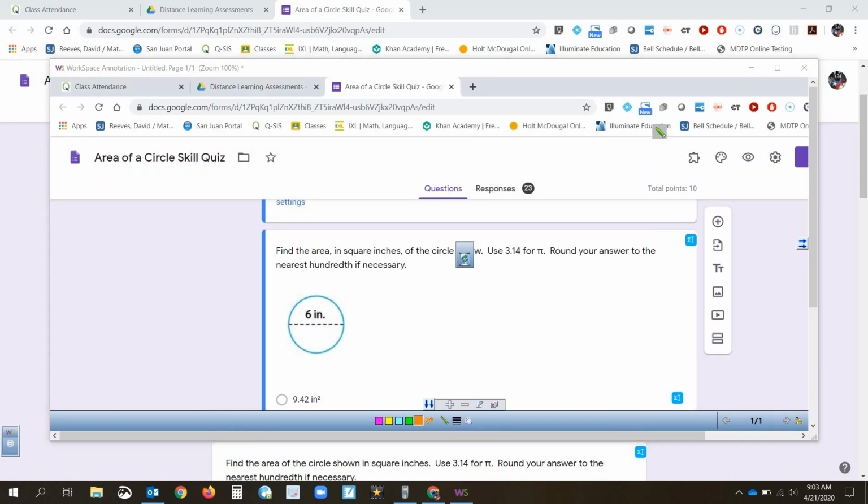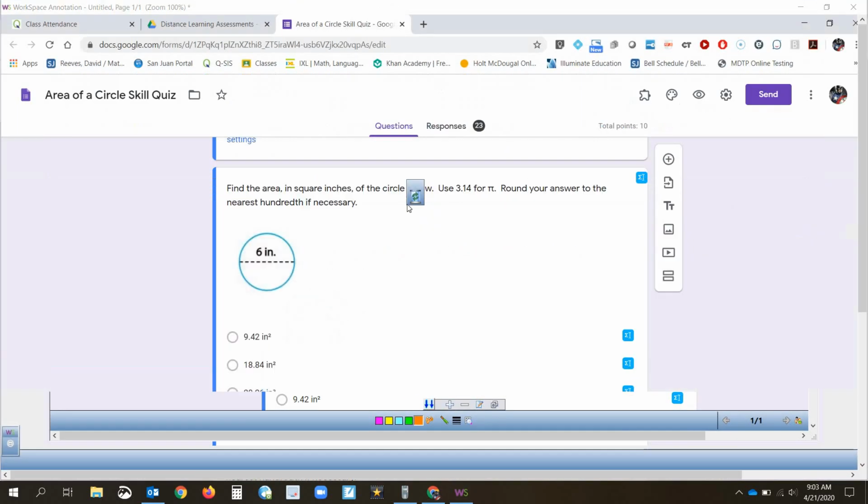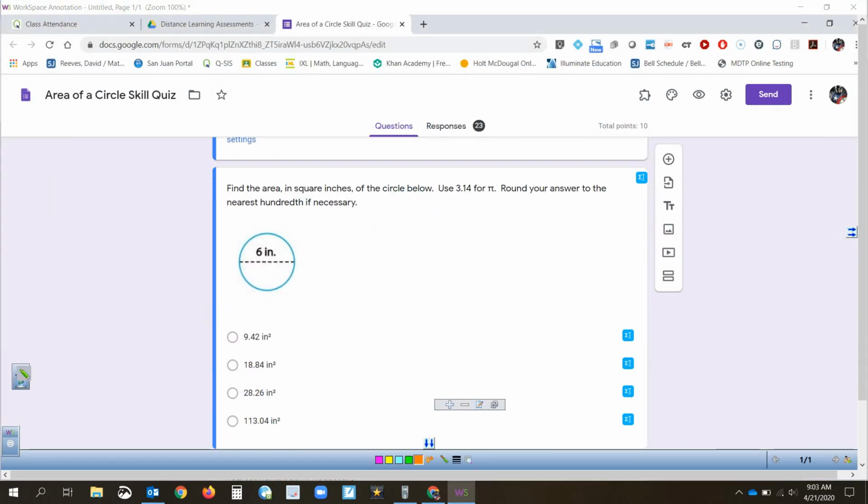Why square inches? I had a student tell me, I don't know any of this square inches stuff or square yards stuff. All that means is when you find the area, you are finding the number of squares that fit inside an object. So if this is 6 inches across, then I'm finding the number of squares.